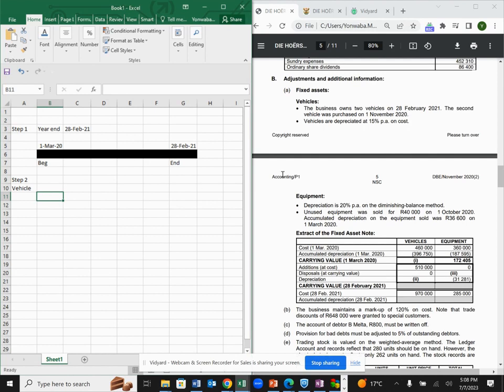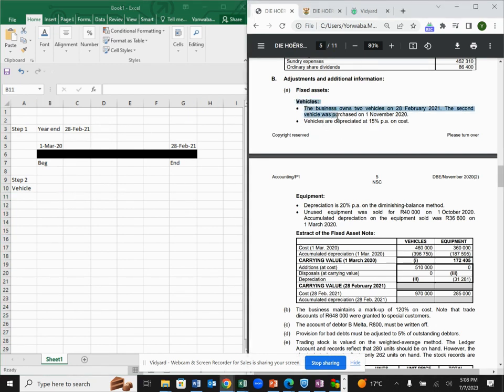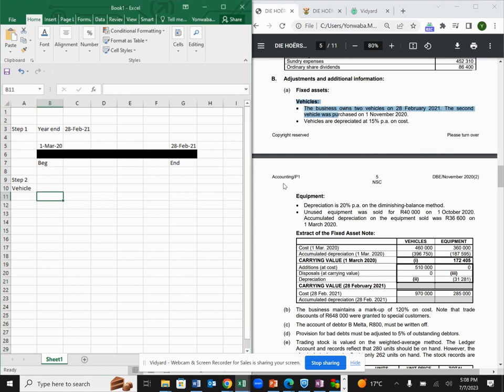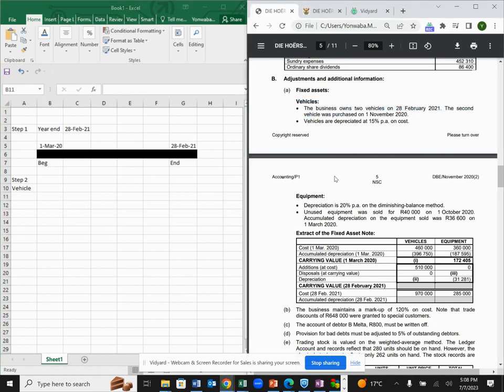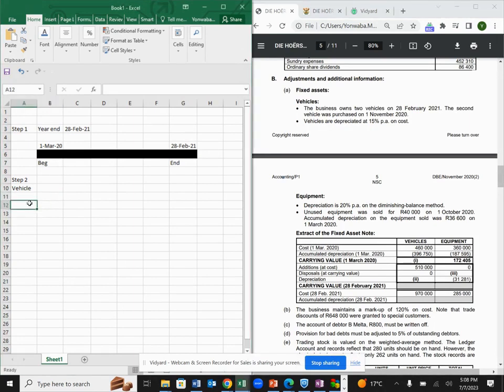So meaning that you need to read the information quickly, roughly. They say that the business owns 2 vehicles. So meaning that there is 1 vehicle and 2 vehicles. The first vehicle is this one, and your second vehicle is this one.